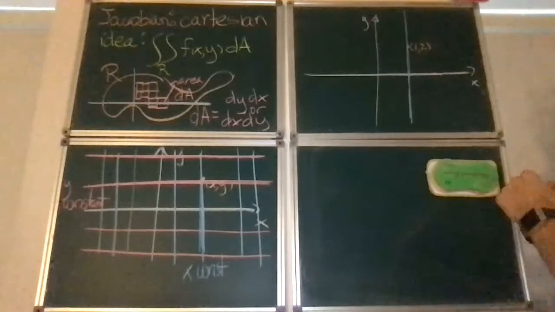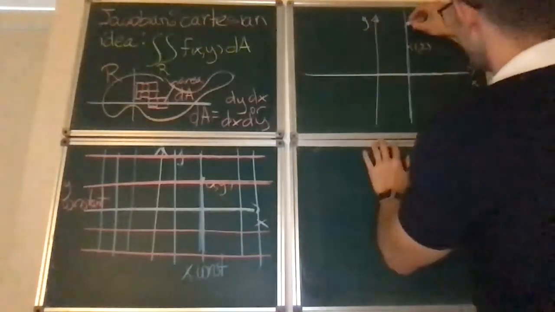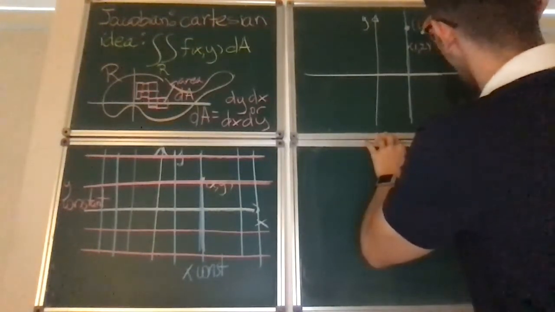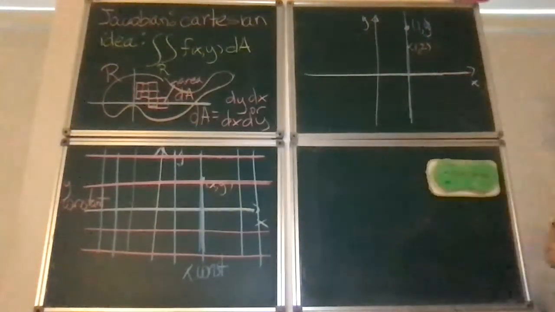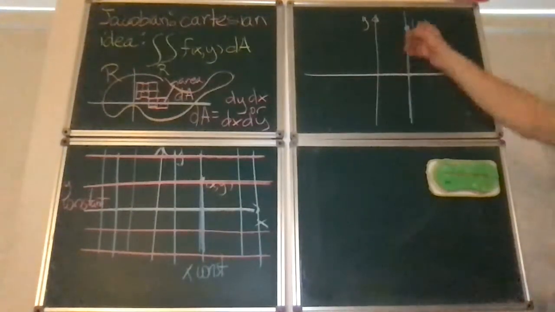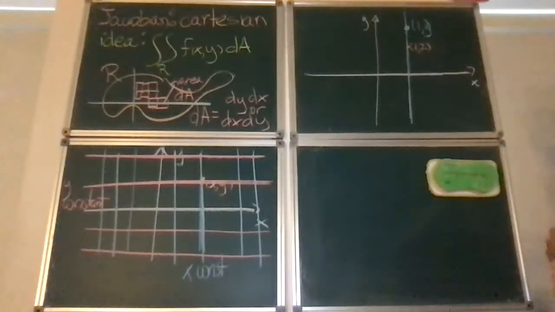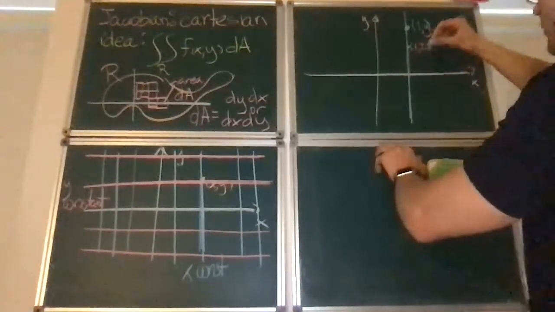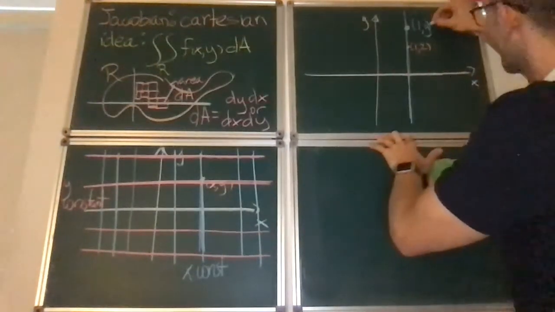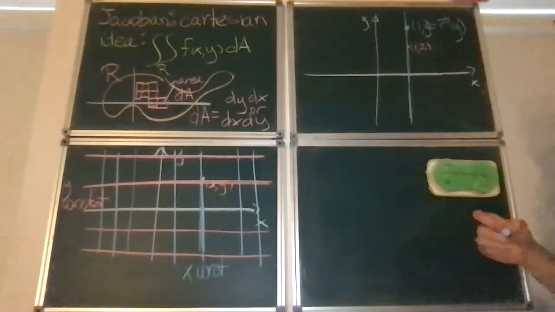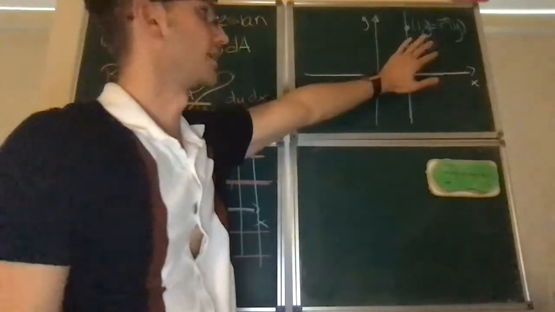Right, so if that's the point 1 comma 2, any other point on this line is of the form 1 comma y, right? Because again, this being a vertical line means that the value of x is constant, which is what we had here. So you can think of this as an expression for the position vector of a point on the line, which depends on the parameter y. So now y, which is a coordinate, is being regarded as a parameter for a point on this line. Okay?